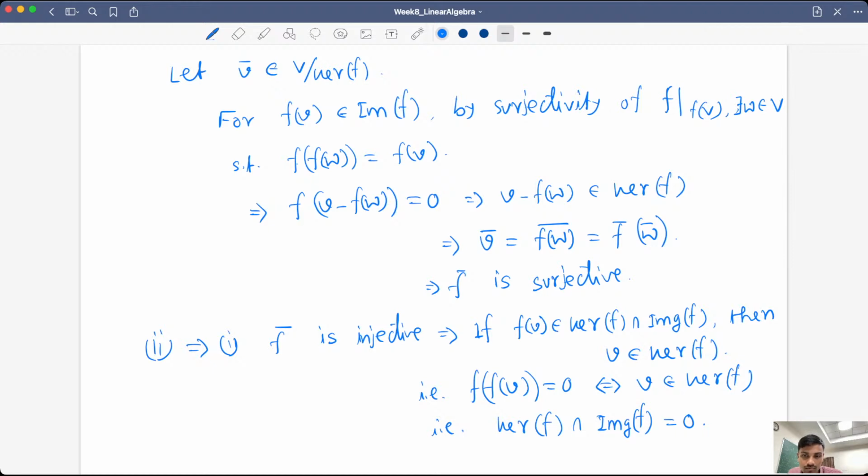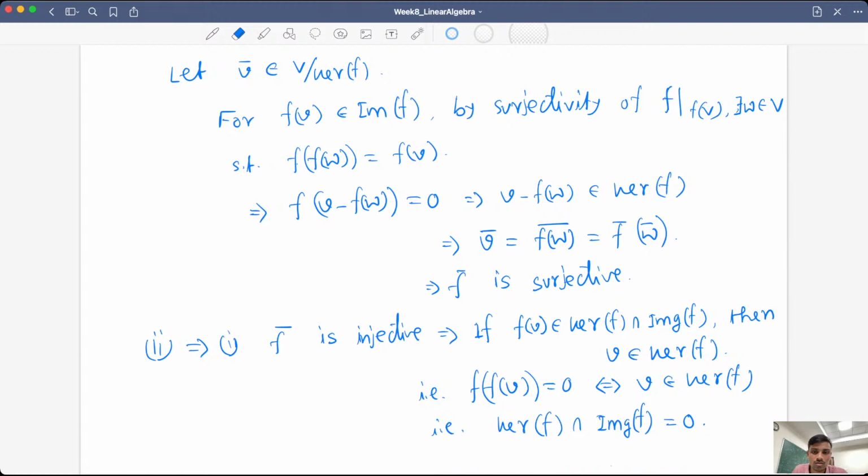So say w belongs to here, then f(w) equals 0 and w equals some f(v), right? Now just plug it here: w equals f(v), so f(v) equals 0. That means v belongs to the kernel of f, and v belongs to the kernel of f means f(v) equals 0. That means w equals 0.